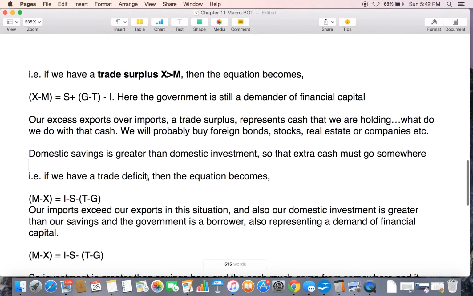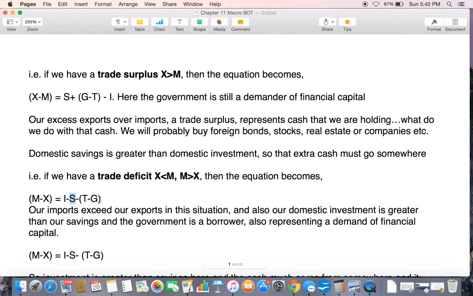So if we have a trade deficit, then our exports are actually going to be less than our imports. So we're going to be importing more than we are exporting. And when we're importing more than we're exporting, we'll notice that our domestic investment is actually greater than the savings and the difference between our tax revenue and our government expenditures.